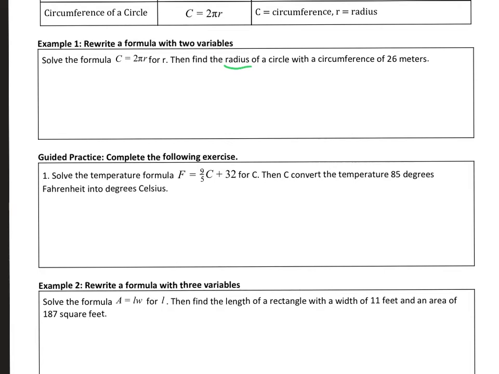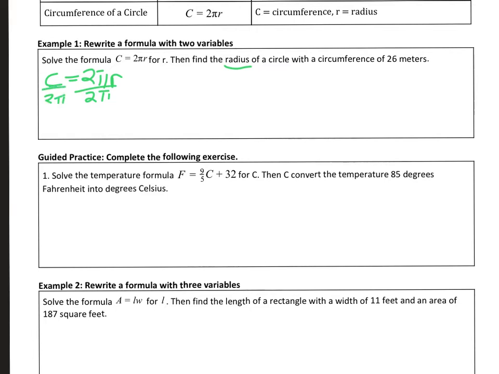So I'm going to rewrite this as circumference equals 2 pi r. To solve this, I've got to undo some operations, meaning I have to move 2 to the other side, and I have to move pi to the other side. All three of those quantities are being multiplied, so I would just undo them by dividing both sides by 2 pi.